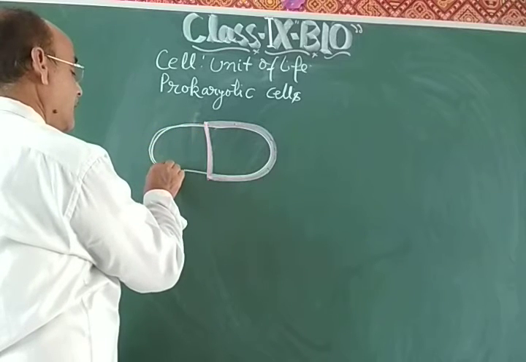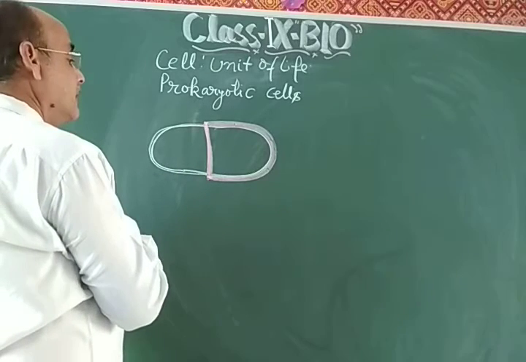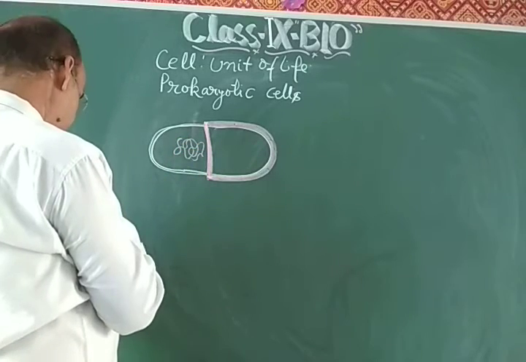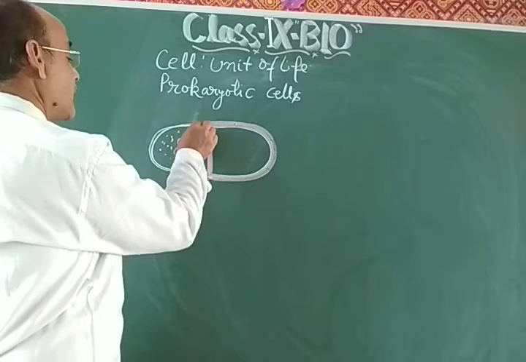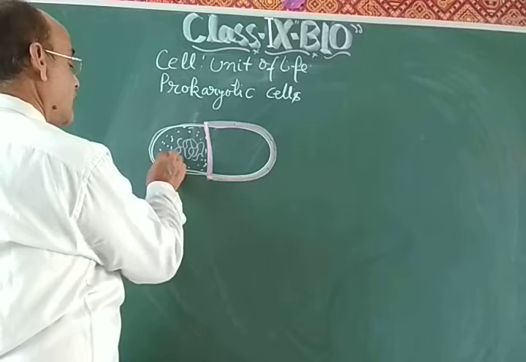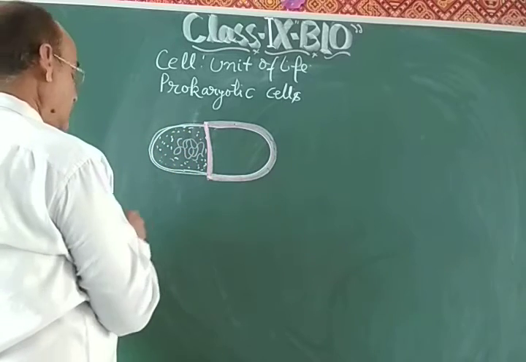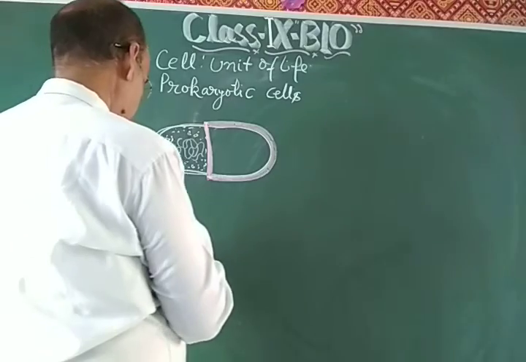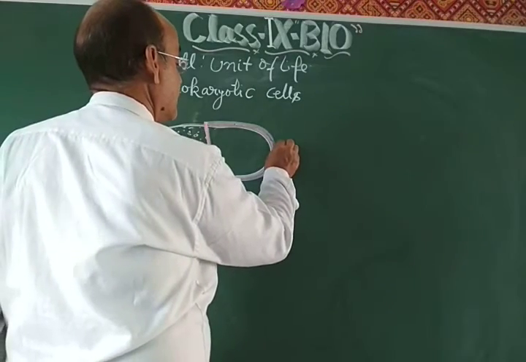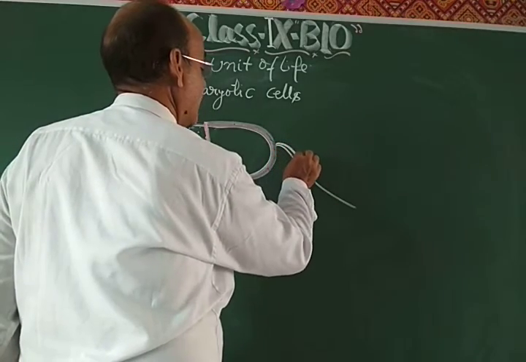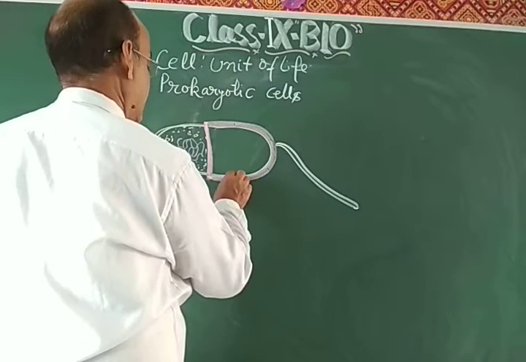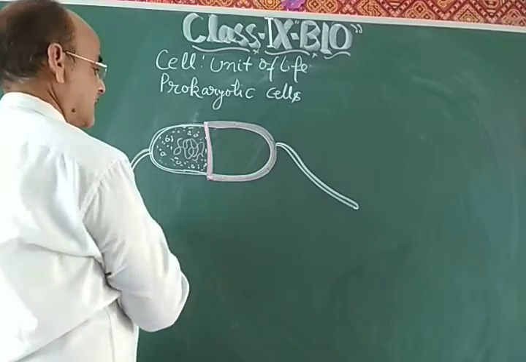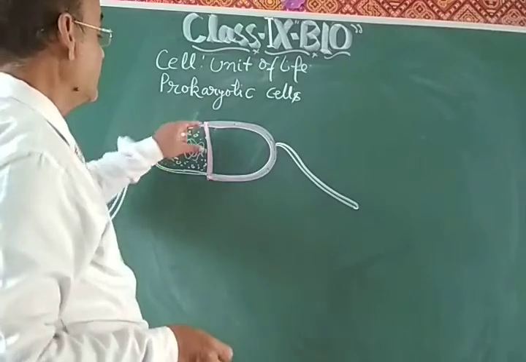This is the membranous structure, and you will find structures like this: RNA, DNA, cytoplasm, also ribosomes, and cellular villi will be there like this. So this is the capsular structure.